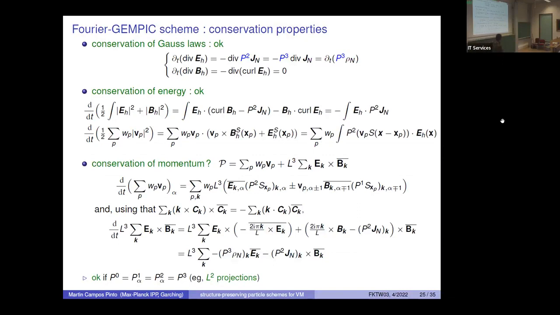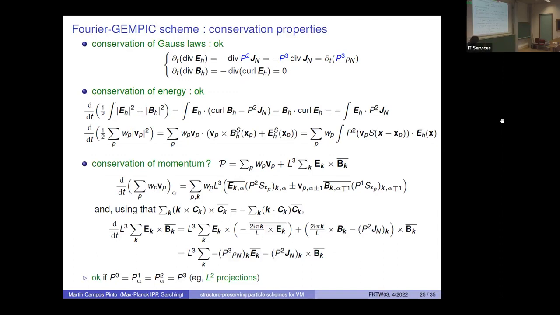And I should also mention that there is a momentum preserving variant of the Hamiltonian schemes, of the variational schemes.